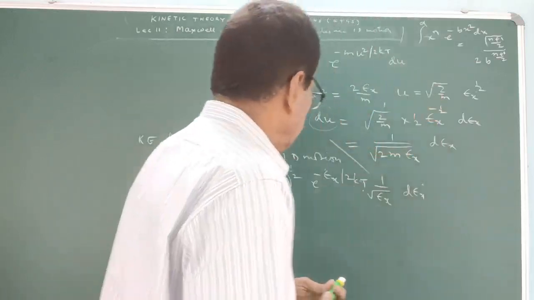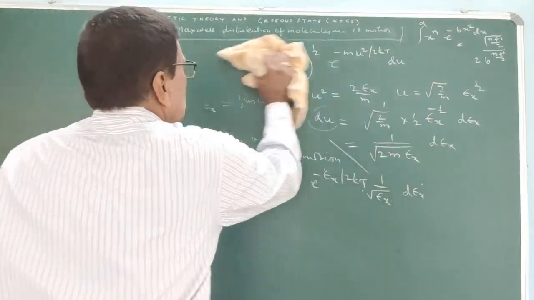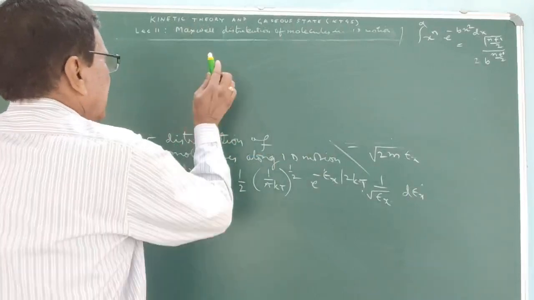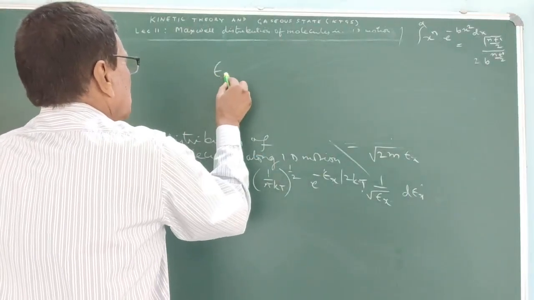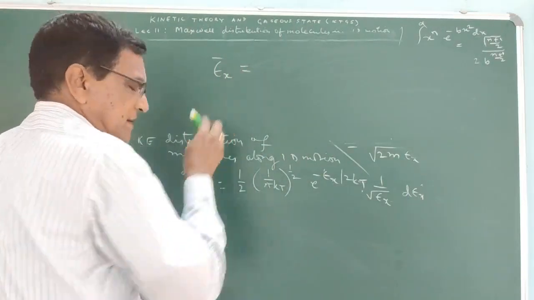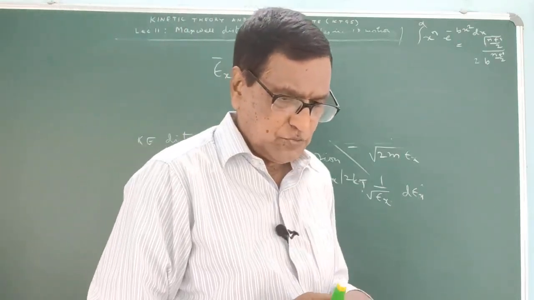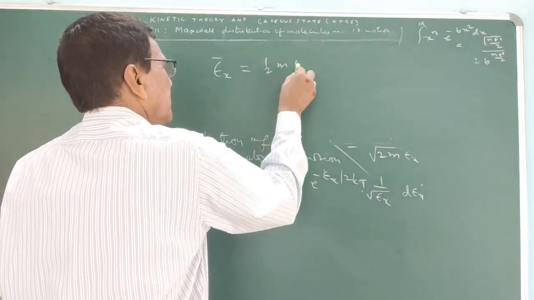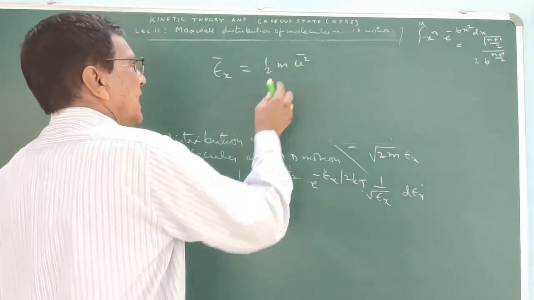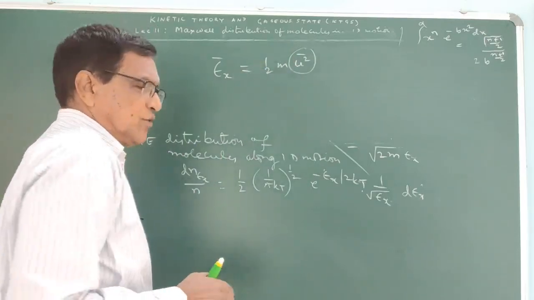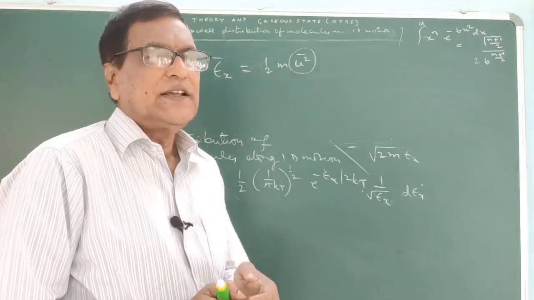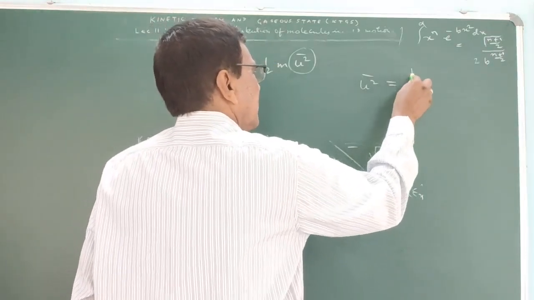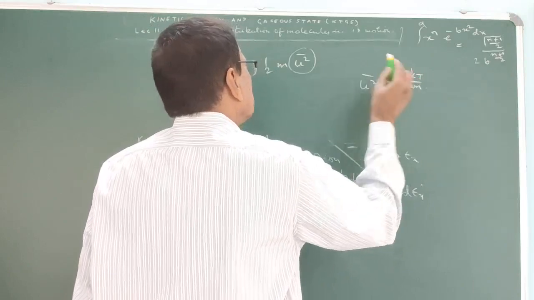So from this value, we can also calculate the average value of epsilon x. It is half m u square bar, and u square bar we have already calculated as kT by m.